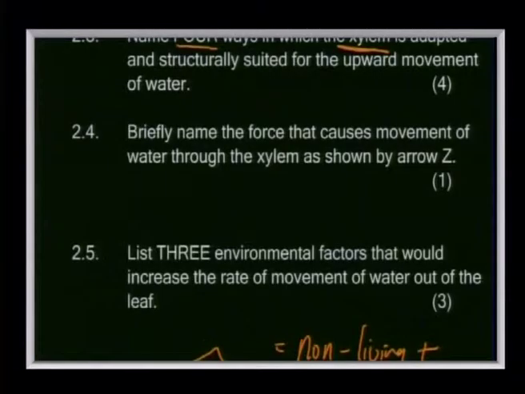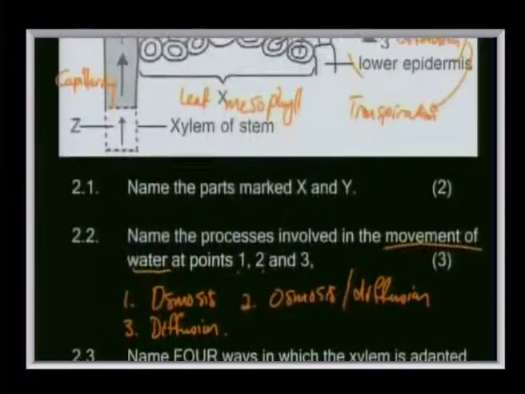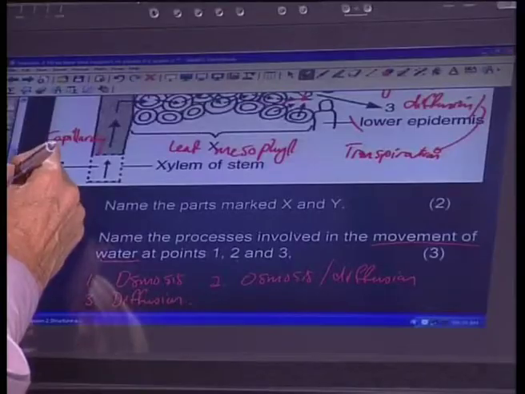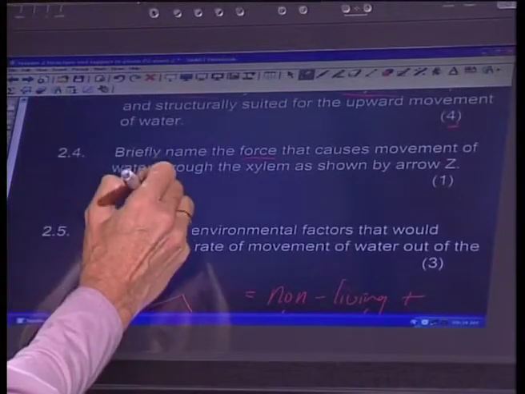Okay? Right, then we look at question 2.4, and that was 4 marks, quick, easy marks. Number 2.4, briefly name the force that causes movement of the water through the xylem as shown by arrow Z. So let's just check arrow Z here. We already said it was capillarity.